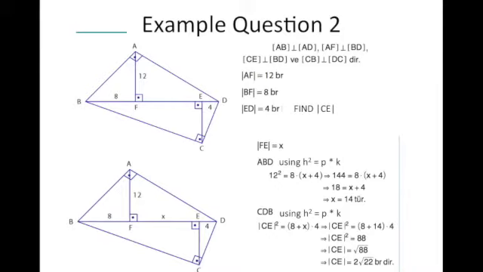Now if we put in the value for x, it will become CE squared is equal to 8 plus 14 times 4, which will be CE squared is equal to 88. And if we take the square root of both of them, it will be CE is equal to root 88. And then if we simplify the root, we will find CE as 2 root 22.